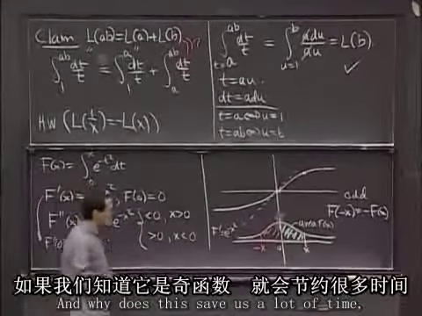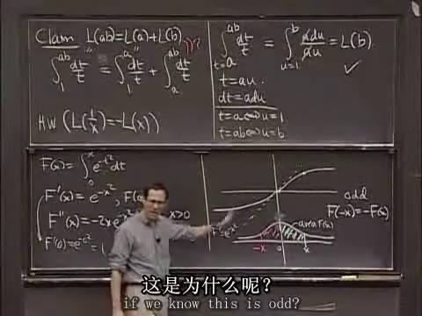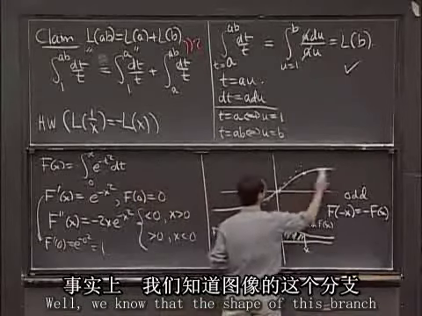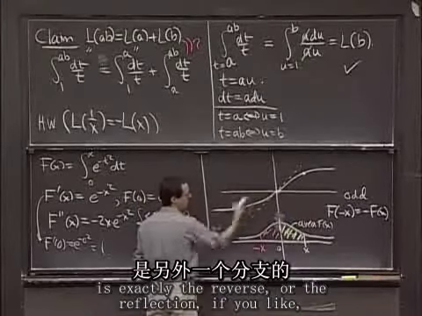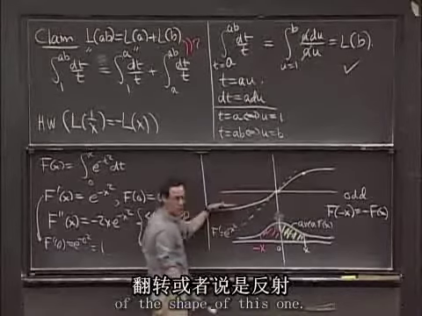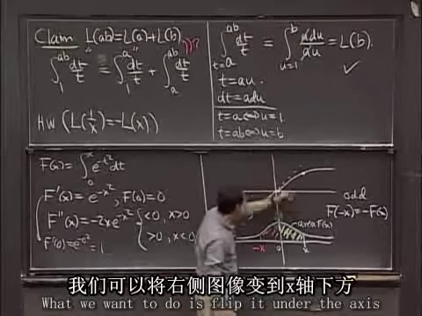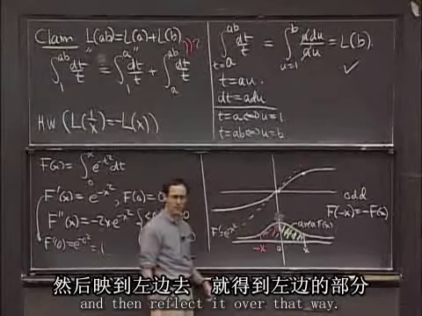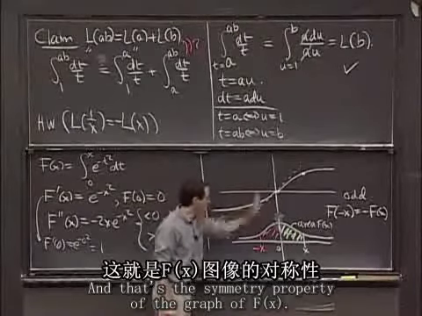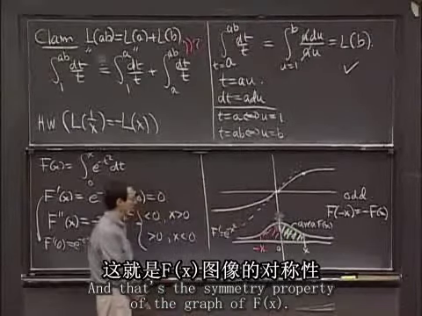And why does this save us a lot of time if we know this is odd? Well, we know that the shape of this branch is exactly the reverse, or the reflection, if you like, of the shape of this one. What we want to do is flip it under the axis and then reflect it over that way. And that's the symmetry property of the graph of f of x.